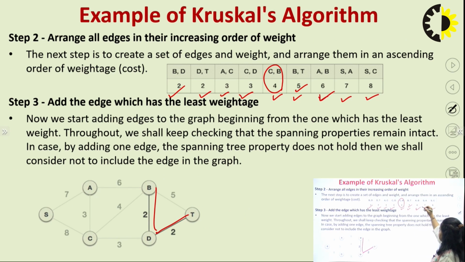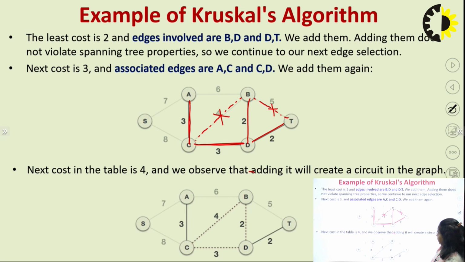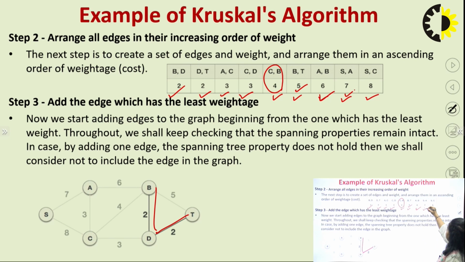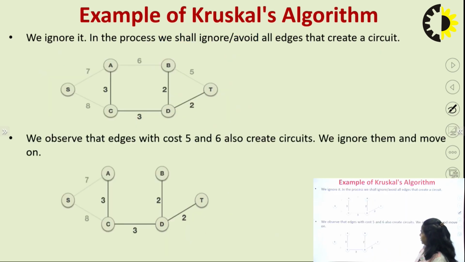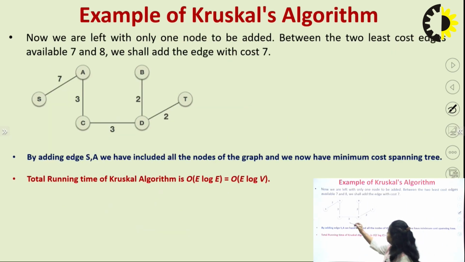The next is 6. In the case of 6, again we have to check, and this also will not be included because it will create a loop. Fine. And finally we come to 7, that is SA. Now you can see if we include it, yes, we can easily connect S and A. So now you can see S and A are connected as well.